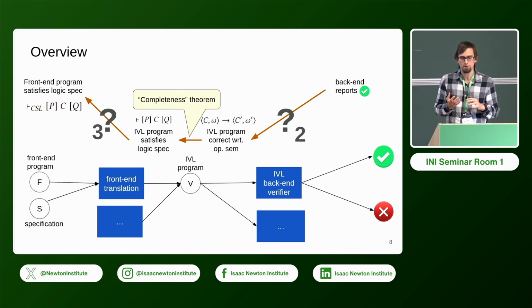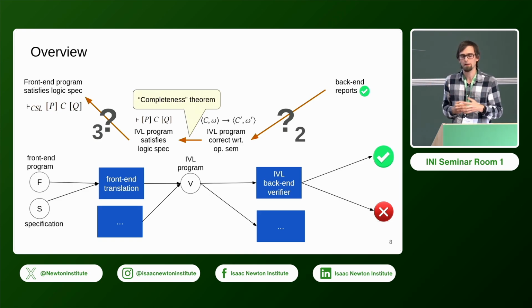And this direction of the theorem is maybe a bit surprising, because usually when you have a program semantics and a separation logic, you have a theorem which says that if you have a logic specification, then the program is correct with regard to the operational semantics, which is usually called a soundness or adequacy theorem.